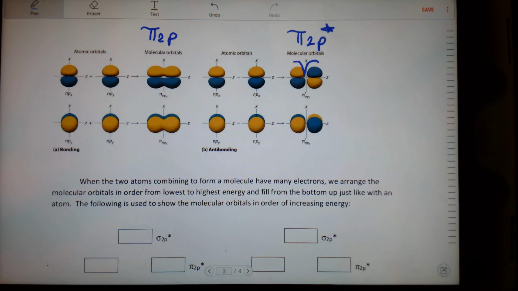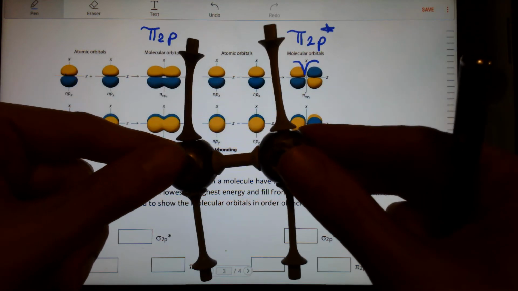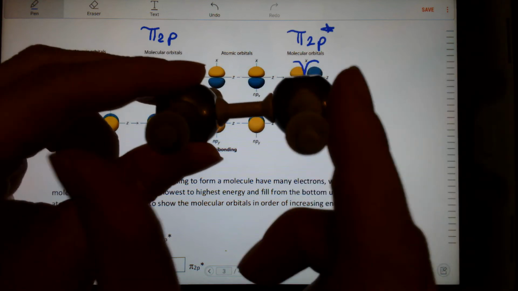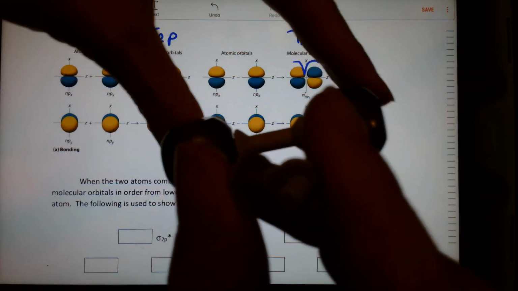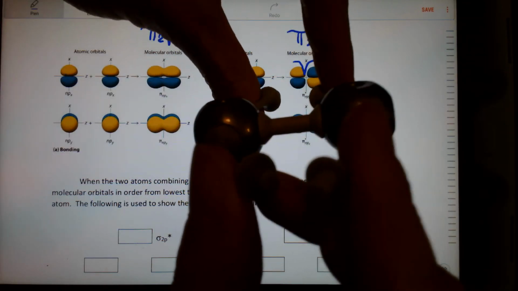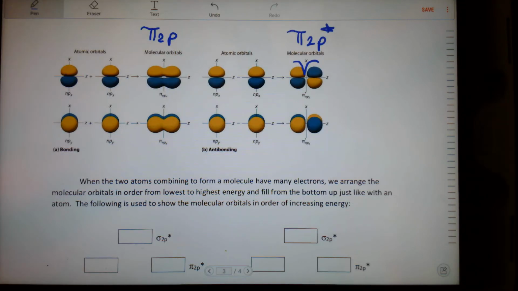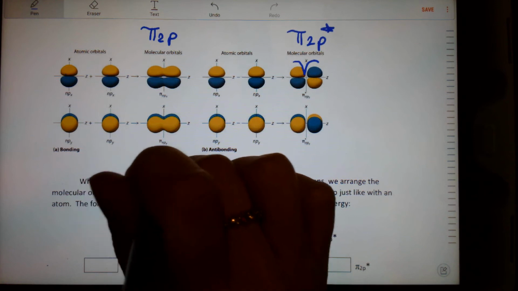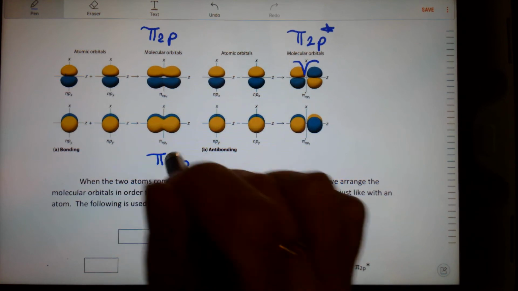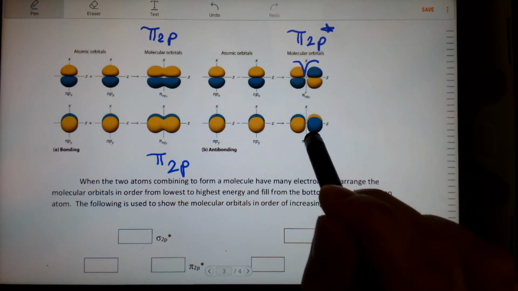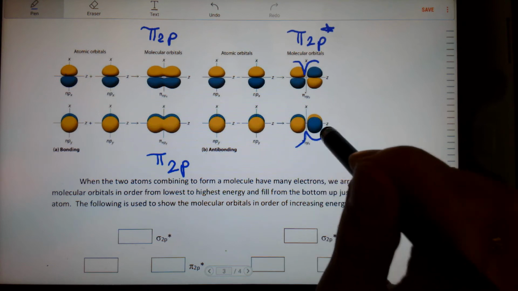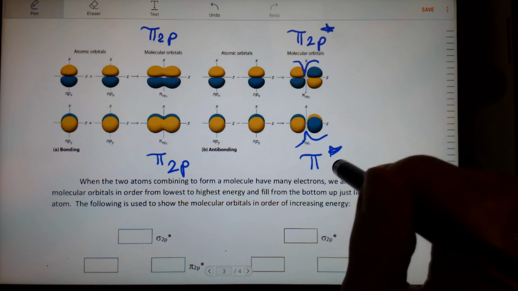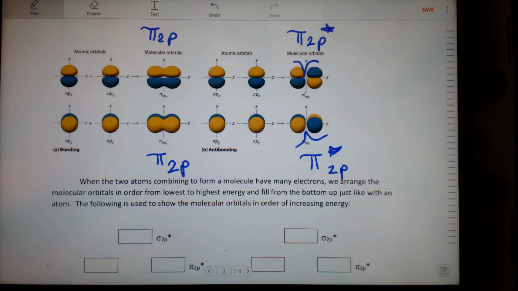Okay, so then if we flip that around, we can also have above and below, like this, where we combine p's above and we combine them below. So if they combine constructively, this is also a pi 2p. And if they combine destructively, again, to give us that node right there, we get pi star 2p.